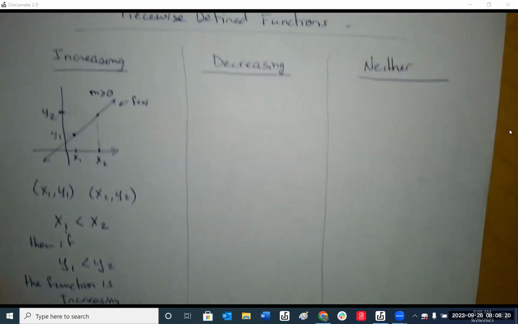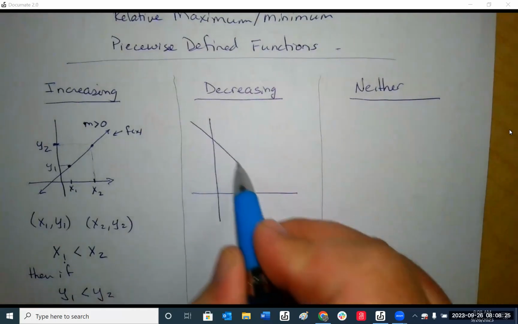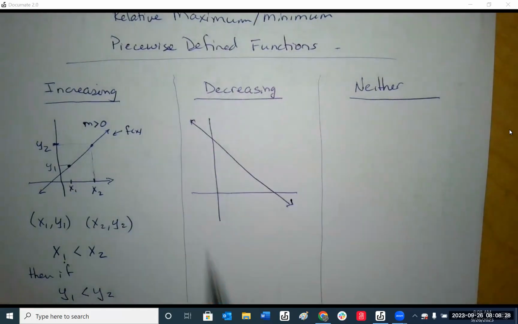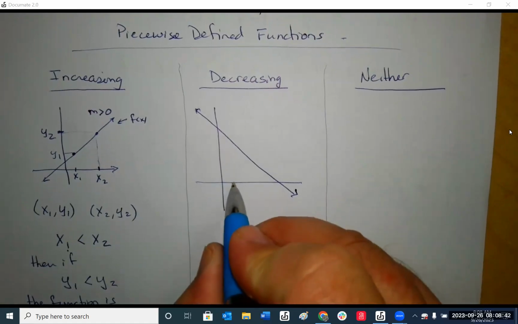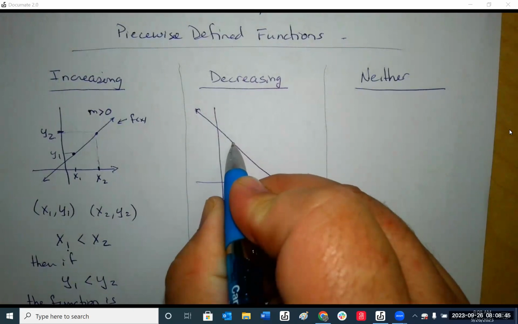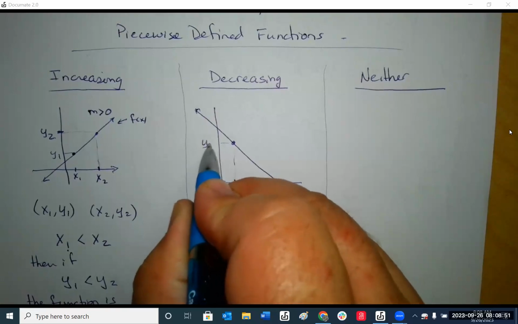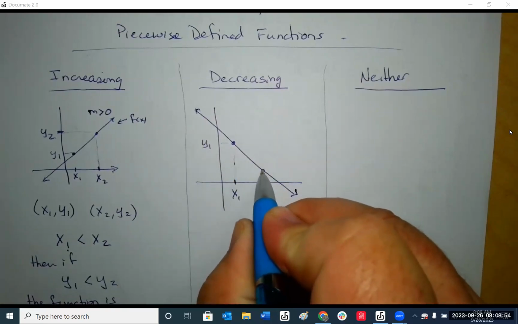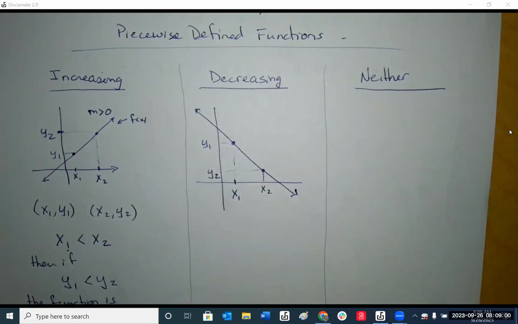So let's look at decreasing, which is just the opposite. Decreasing, if you look at the graph, it's going down as you go to the right. Again, we have our 2 points. This is x1. It corresponds to a y1. And this is x2. It corresponds to a y2.